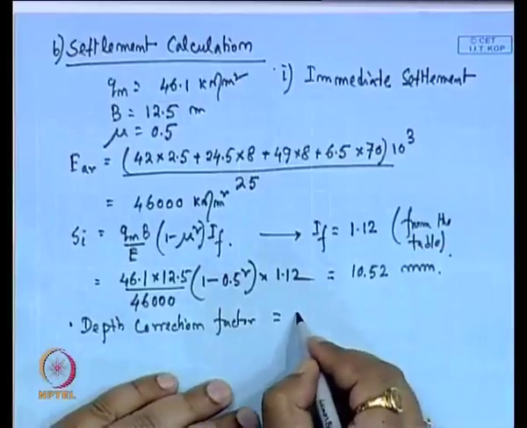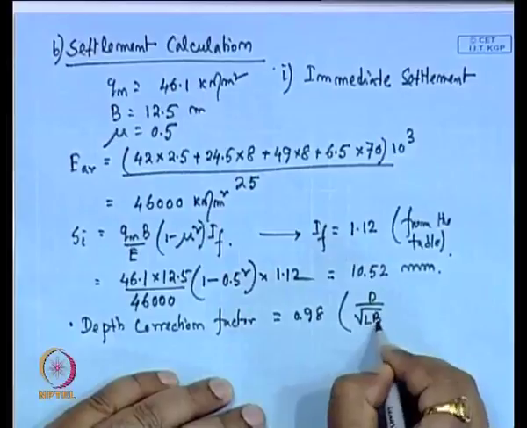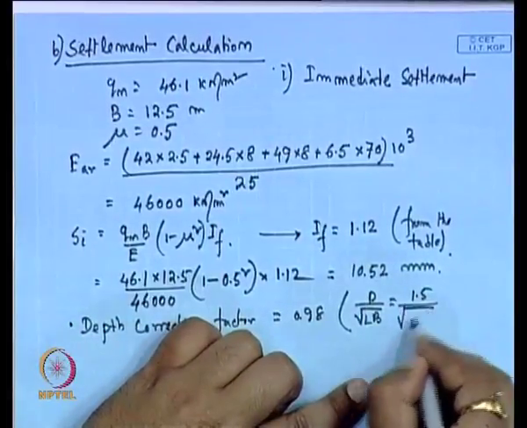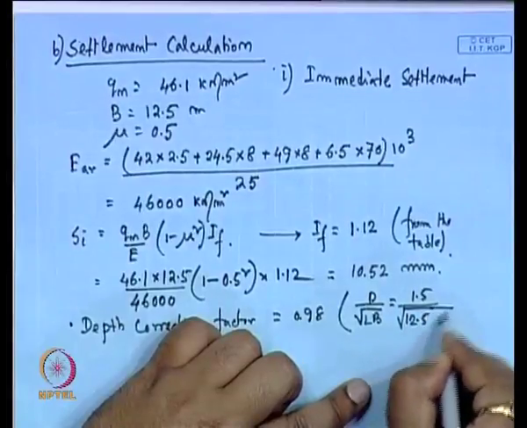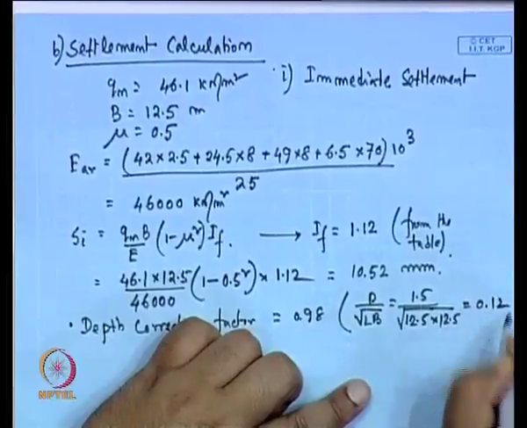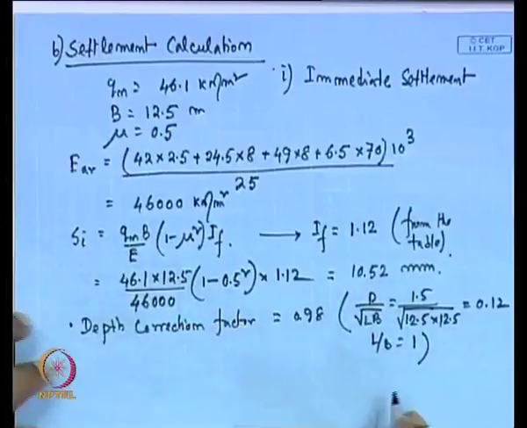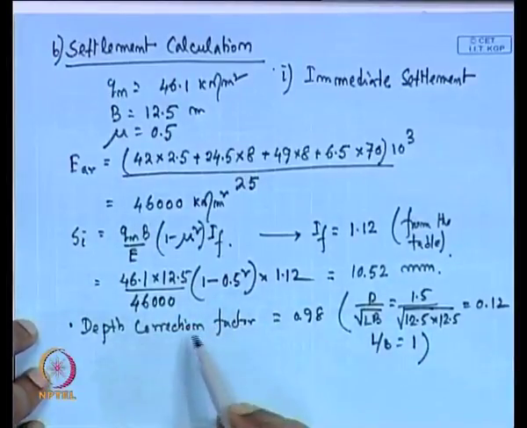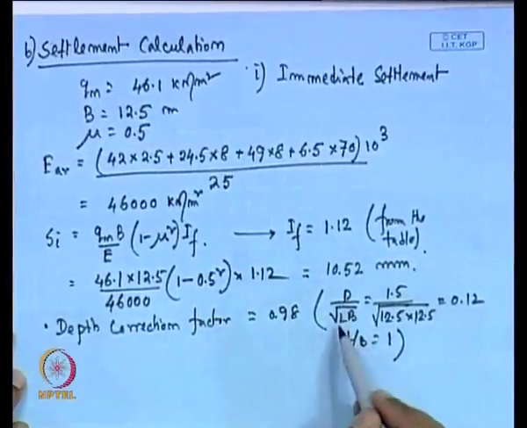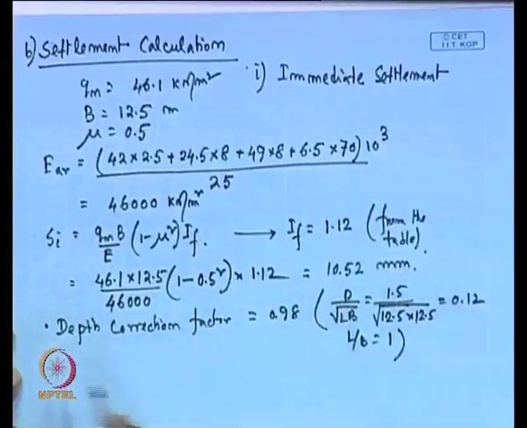We are getting 0.98, because our d by root L b value is 1.5 by root of 12.5 into 12.5, so this value is 0.12 and L by b is equal to 1. From the chart, the corresponding depth correction factor is 0.98 for L by b equal to 1 and d by root L b equal to 0.12.